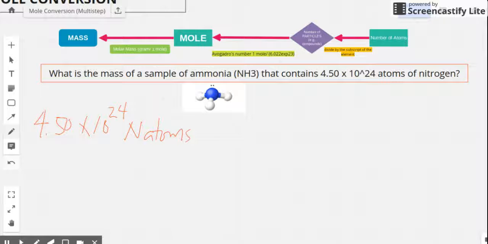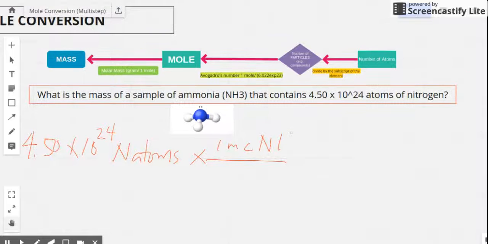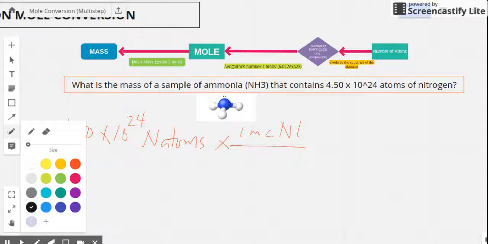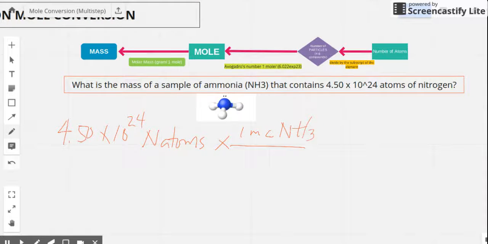And since we want to get to the compound first, we have to look at the ratio that in one molecule of NH3, we have 1 nitrogen atom.